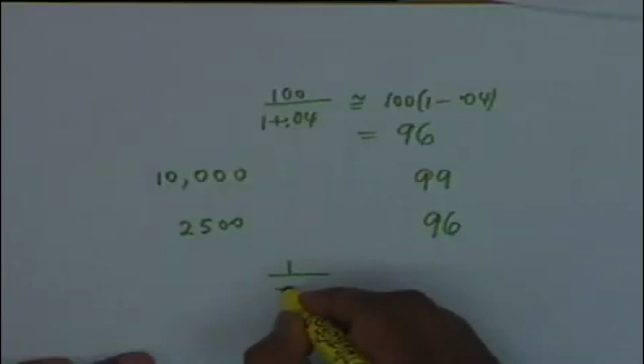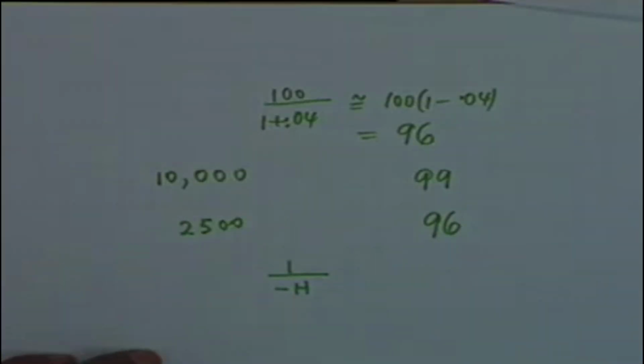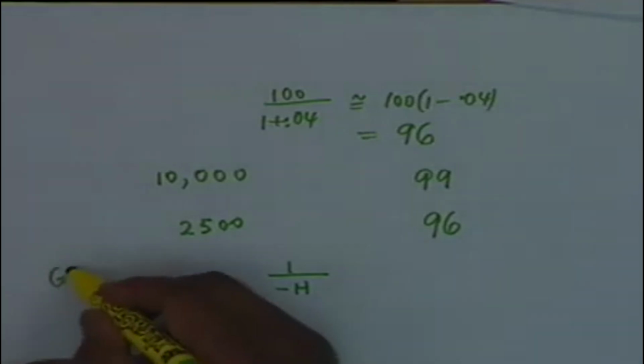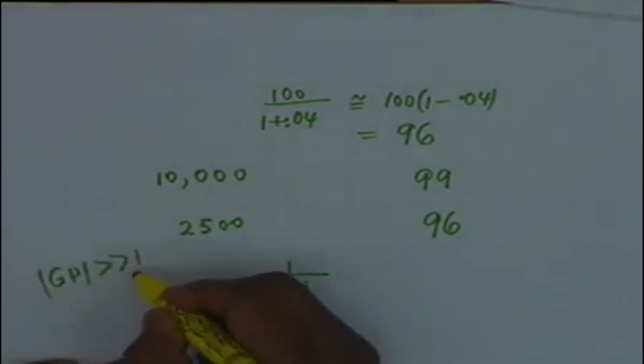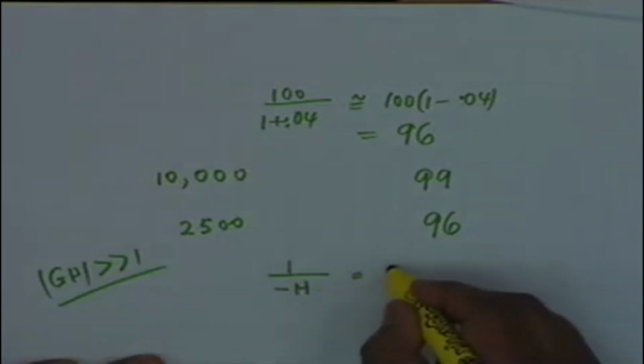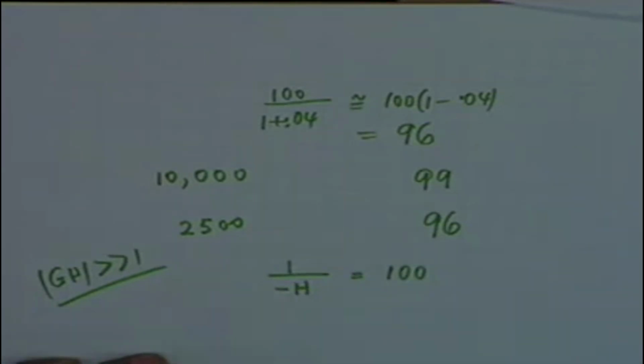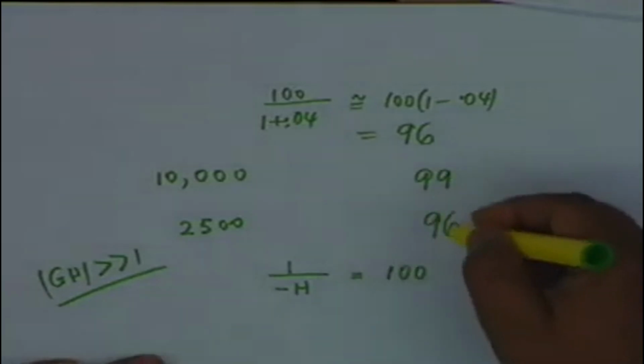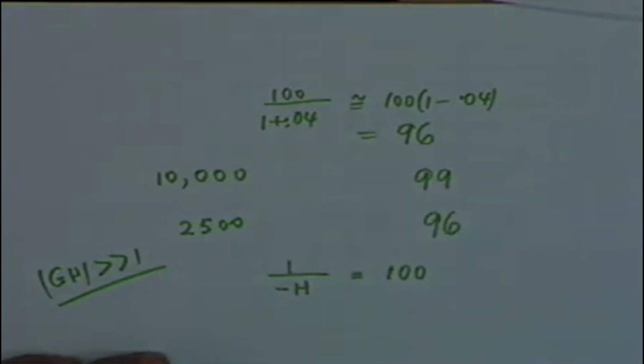And you also notice that if GH was much greater than 1, then the gain would have been minus 1 by H, which in this case is 100. And you see 99 and 96 are very close to 100. It approximately becomes equal to 1 by H. That is, it's controlled only externally. All right, is the point clear?